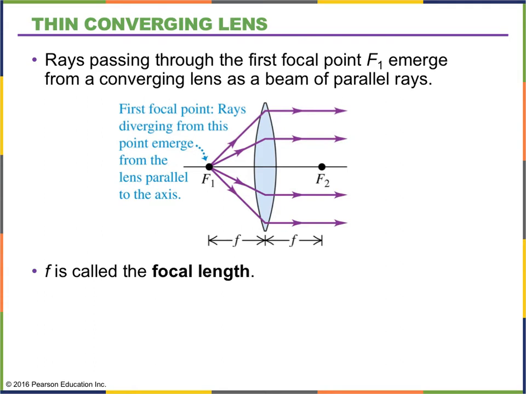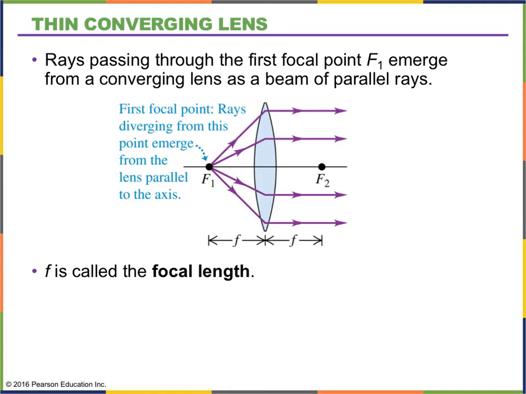Okay, so let's take a closer look at the thin converging lenses, and then we'll also talk about diverging lenses. We like to think of the light and the focal points in two different ways, because a lens actually can work either way. It's not like you can only send light through one side of it. It can go both ways.